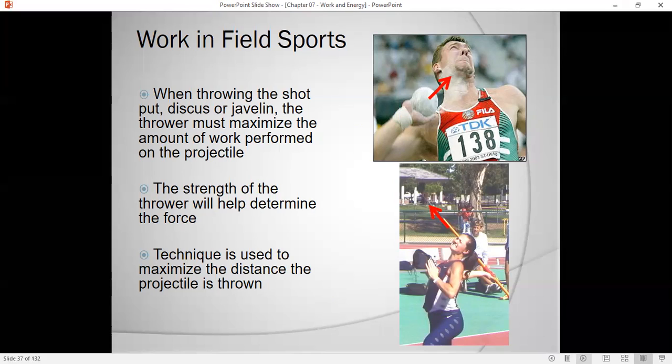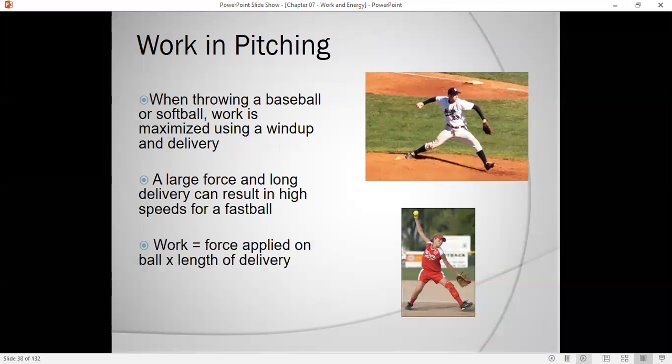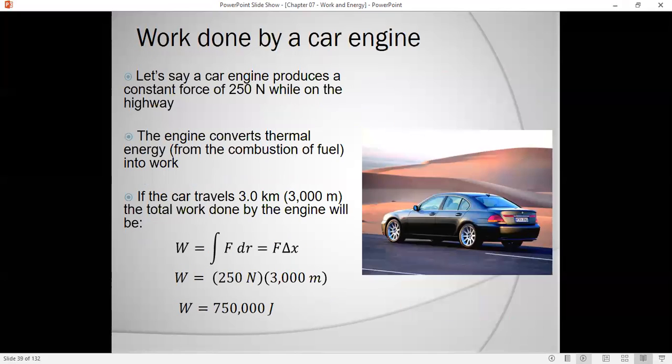The javelin thrower won't just throw the javelin from the foul line. They'll run up to the foul line and build up as much energy as possible before releasing it. That's because work is equal to force times distance. If you can maximize the displacement, you can maximize the velocity. Same thing with throwing a baseball, same thing as throwing a softball.